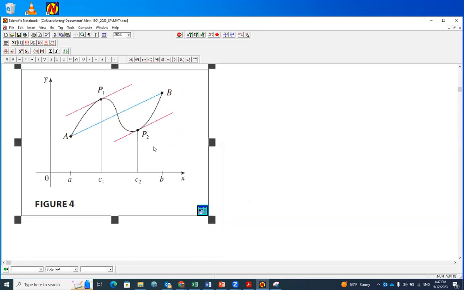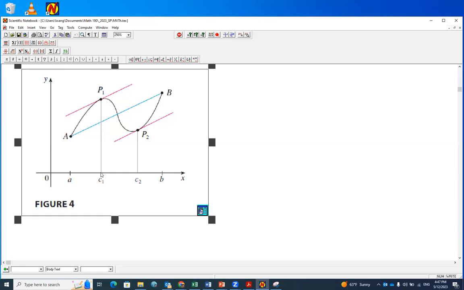There is more than one c between a and b. The blue line is the secant line connecting the endpoints, and these two pink lines are parallel to the blue.